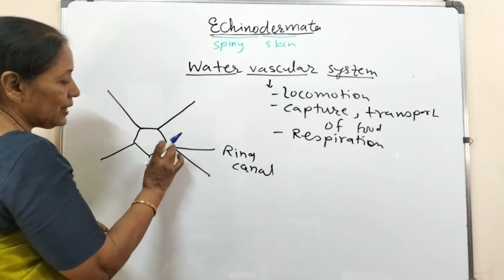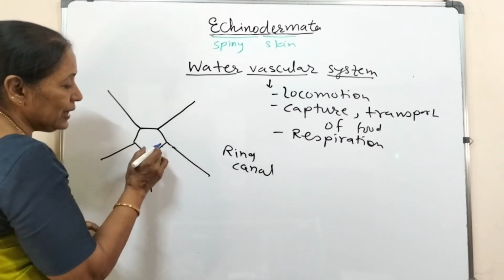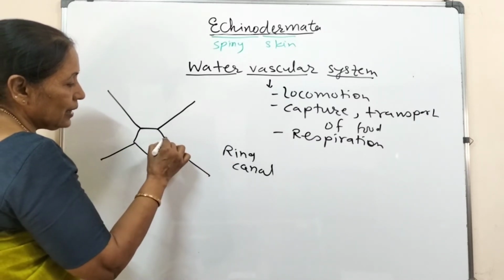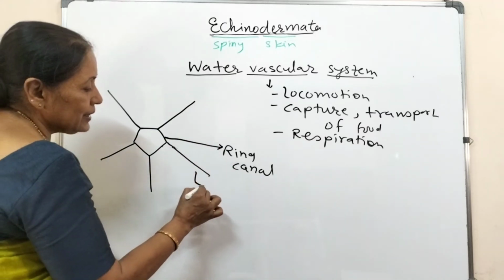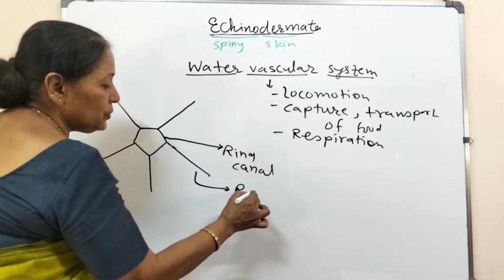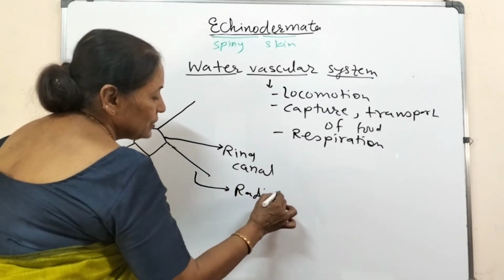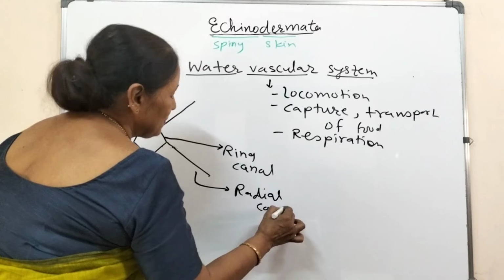The labeling lines should never cross while labeling. So this ring canal, we will label it here. These are the radial canals which are moving into each and every arm. So this is the radial canal.